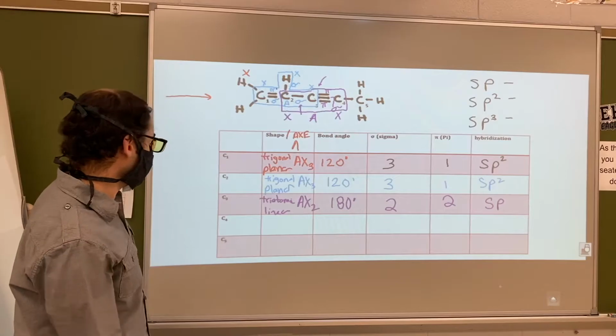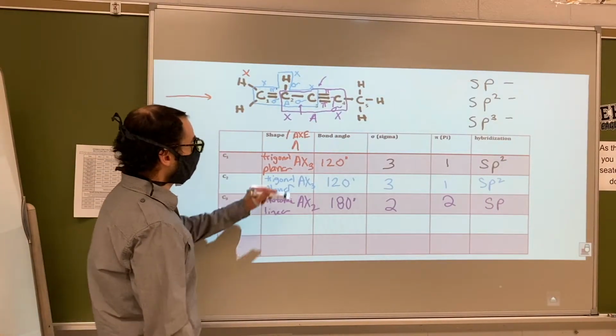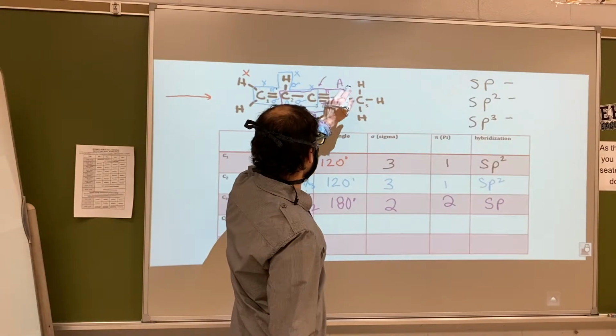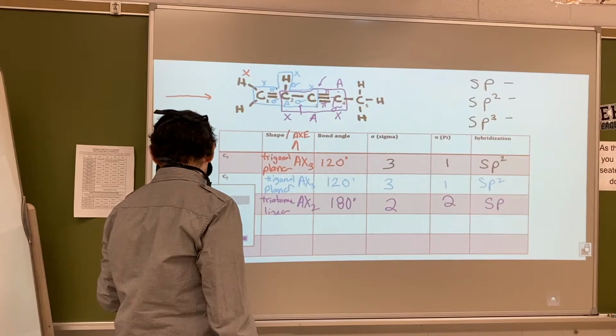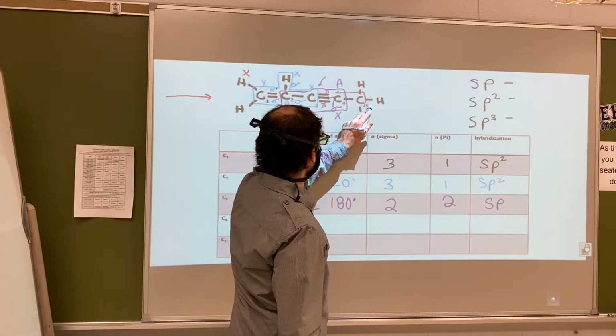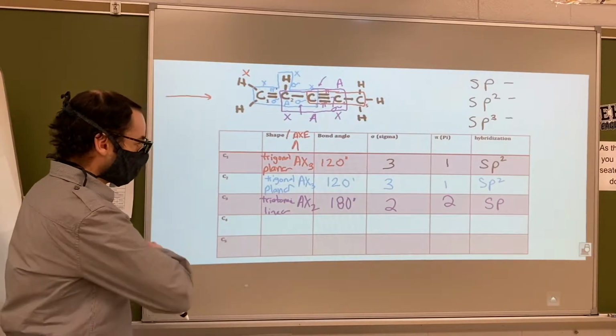Okay, C4 and C5. C4 is going to be the exact same as C3, because if this is our A, here is one of our X's, and here's the other X. So it's all the same thing.